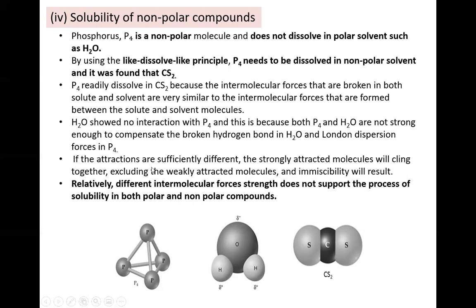So if the attractions are sufficiently different, the strongly attracted molecules will cling together, excluding the weakly attracted molecules, and immiscibility will result. So relatively different intermolecular force strength does not support the process of solubility in both polar and non-polar compounds.